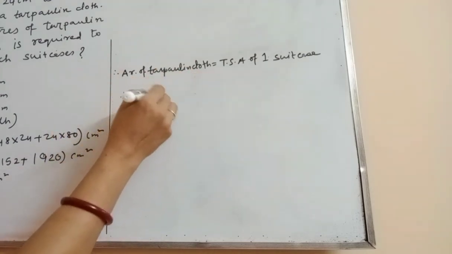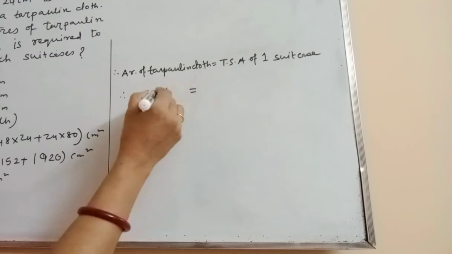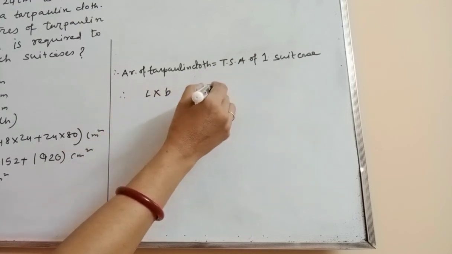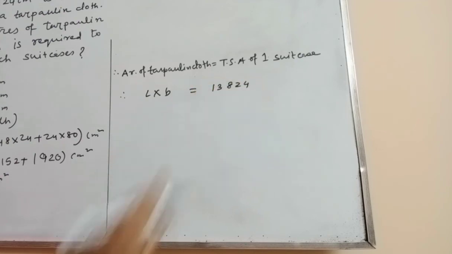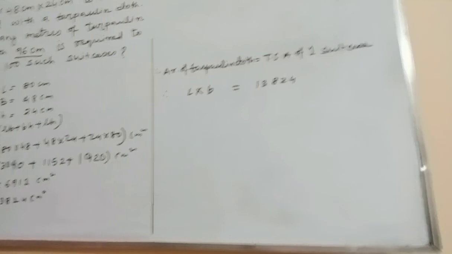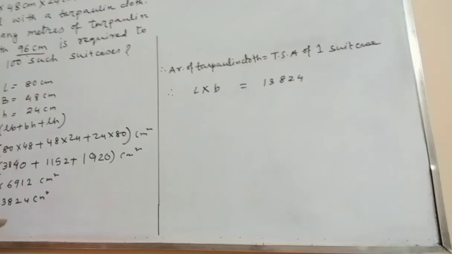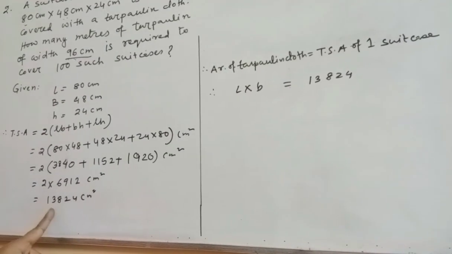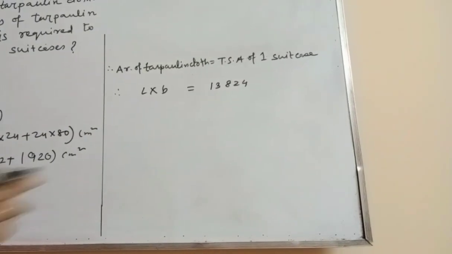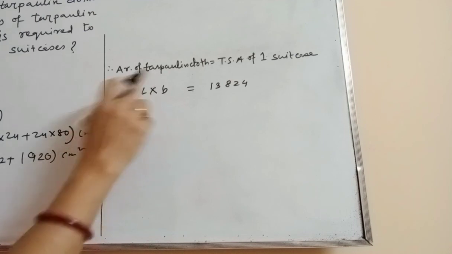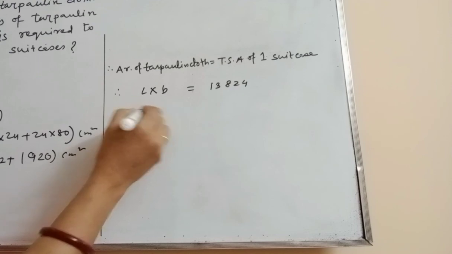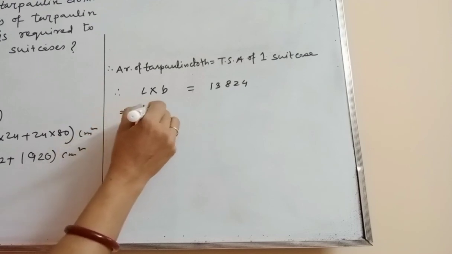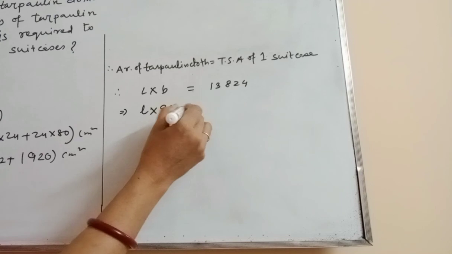So we can write length into breadth is equal to TSA of one suitcase, 13,824, which we found before, the surface area of one suitcase. Breadth we know here, the width is given as 96.